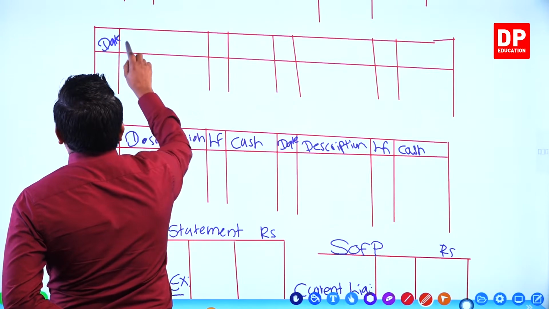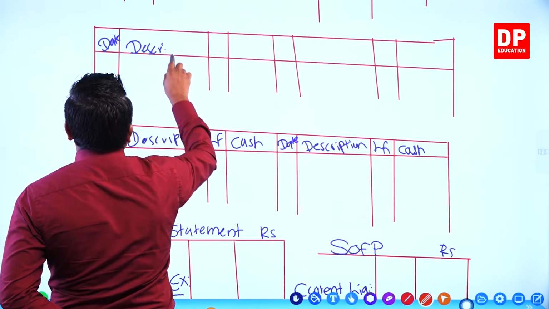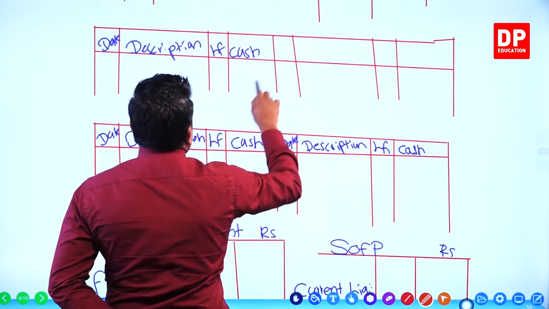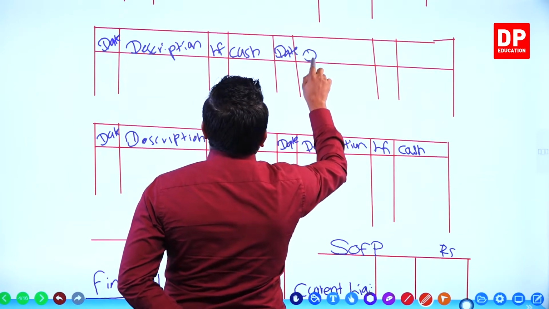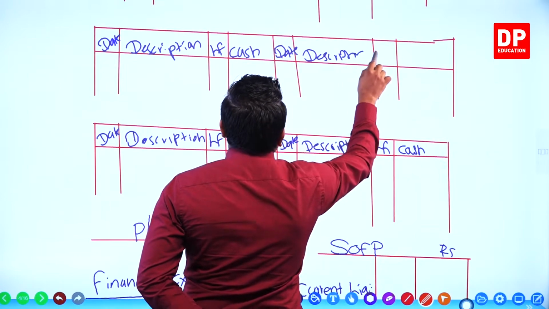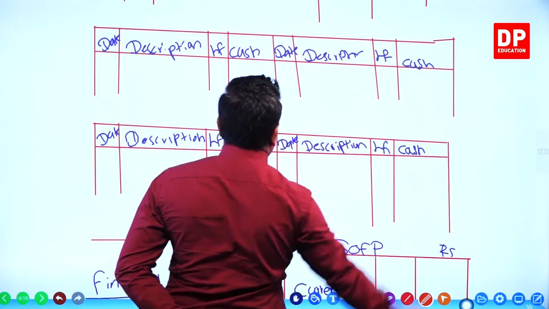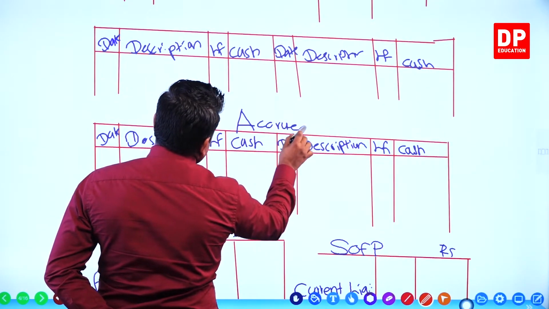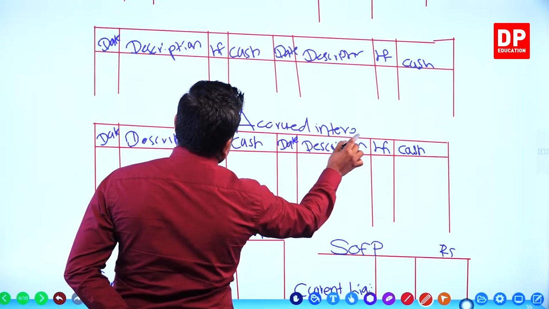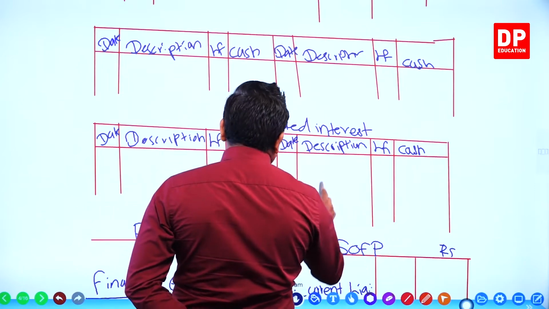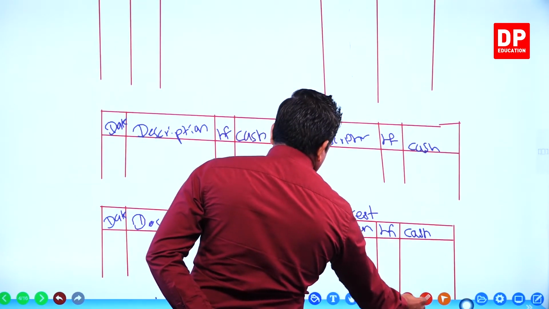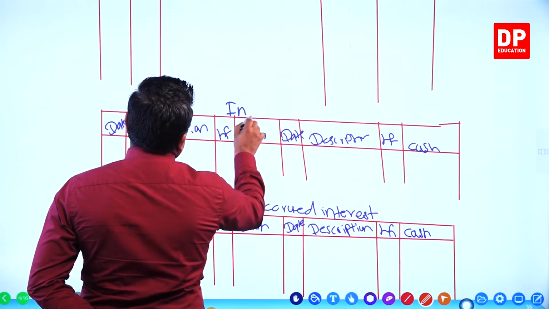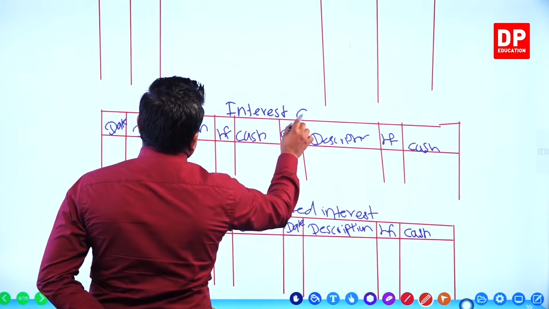You name these accounts also: accrued interest, interest expense account.